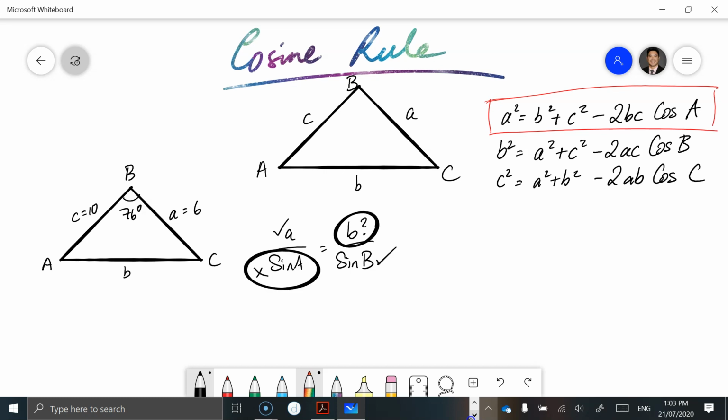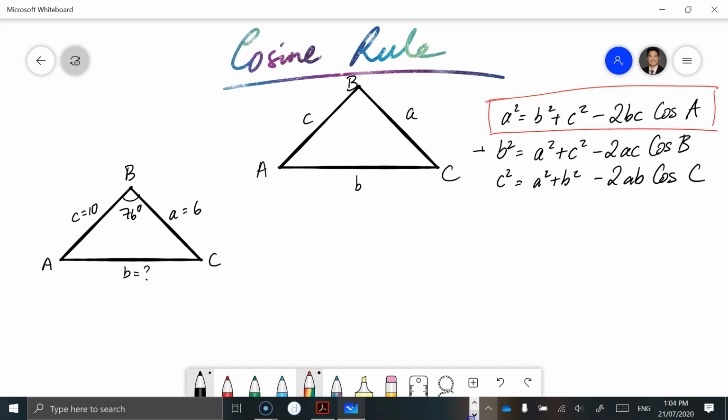Obviously we can't work with the sine rule, so we're left with the cosine rule. Let's work out what b is.